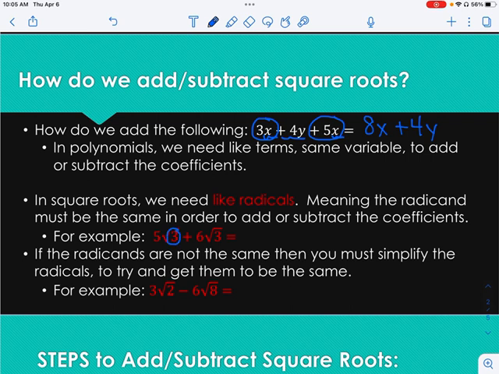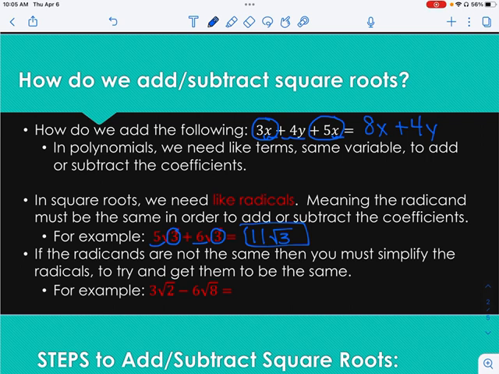When we look, notice our radicands are the exact same. So I have 5 square root of 3 plus 6 square root of 3. I'm going to take the coefficients, 5 and 6, and add those together, and that would give me 11, and I still have square root of 3. Okay? So I would just take my coefficients, add or subtract them, and bring over the radical.